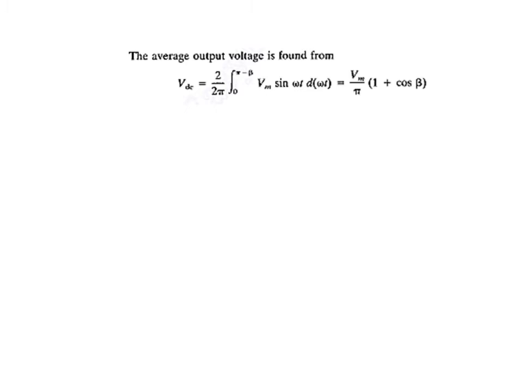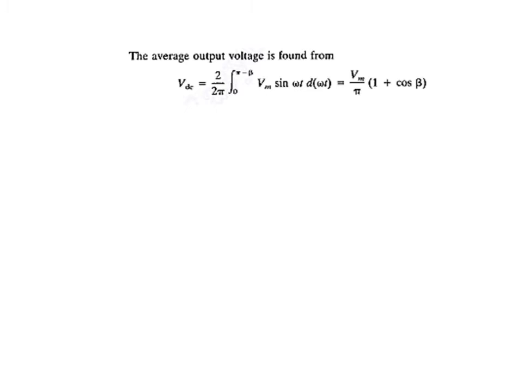If we solve this integration, the average output voltage is given as Vm divided by pi into 1 plus cos beta. Thus, VDC can be varied from 2 Vm divided by pi to 0 by varying angle beta from 0 to pi.